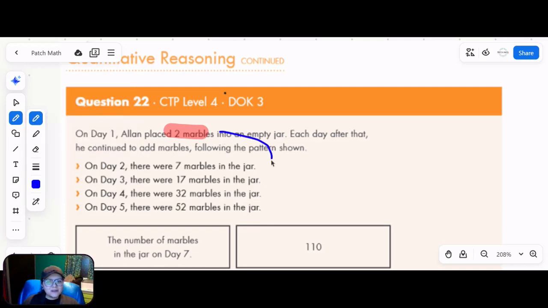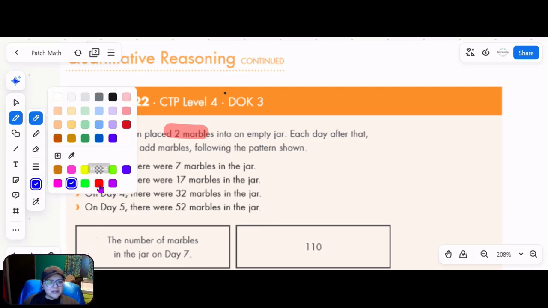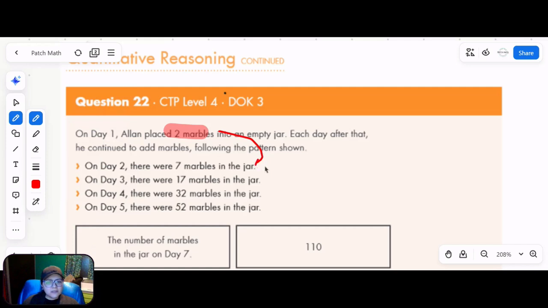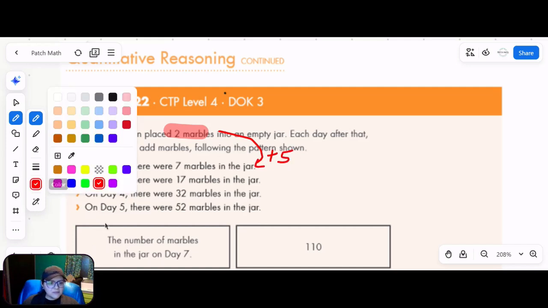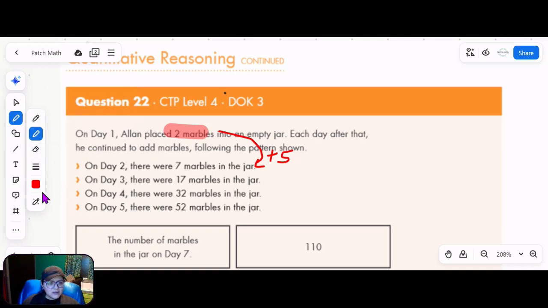So from here to here, we added 5, and 2 plus 5 is 7. And then from here, 7 marbles, to here, we added 10, potentially. I haven't exactly confirmed it yet.